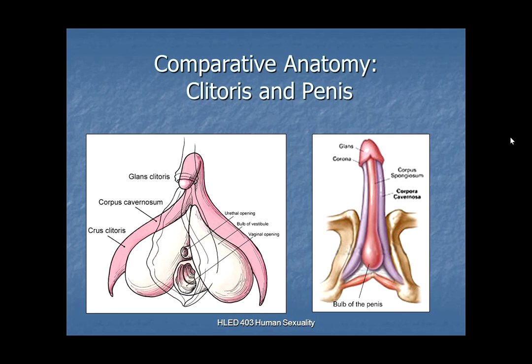So the clitoris has been discovered in Western medicine and forgotten and rediscovered multiple times. It wasn't actually until 2005 when an Australian urologist named Helen O'Connell used microdissection of cadavers and MRI technology to specifically focus in on and figure out what the clitoris looks like.